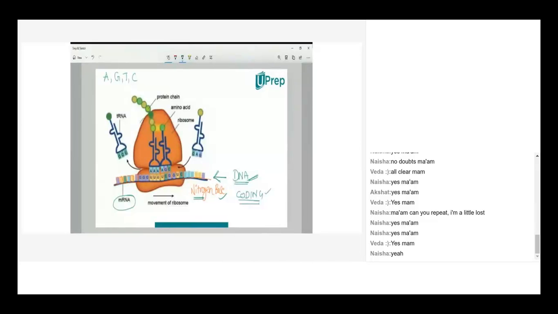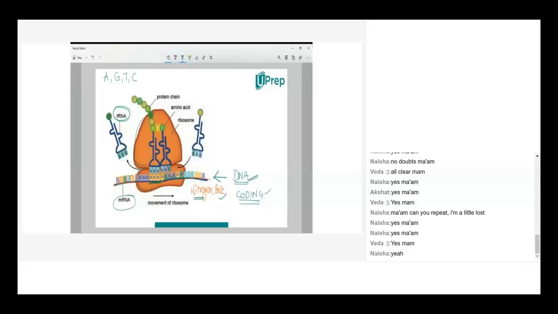Now, this is the ribosome, the bigger subunit and the smaller subunit. See, the mRNA comes and attaches to the smaller subunit of the ribosome. And the mRNA has some codes. Now, this is a tRNA, transfer RNA, as I just told you. The RNA molecule which transfers the amino acid.